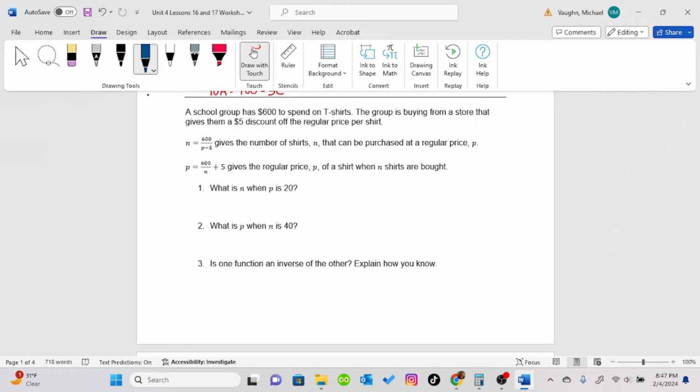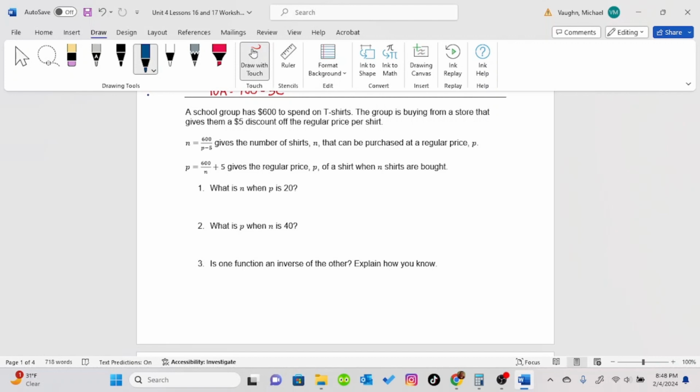N equals 600 divided by P minus 5 gives the number of shirts N that can be purchased at a regular price P. P equals 600 divided by N plus 5 gives the regular price P of a shirt when N shirts are bought. What is N when P is 20?